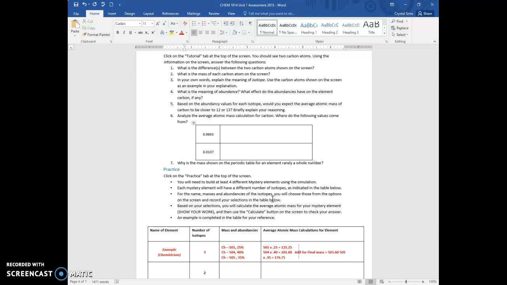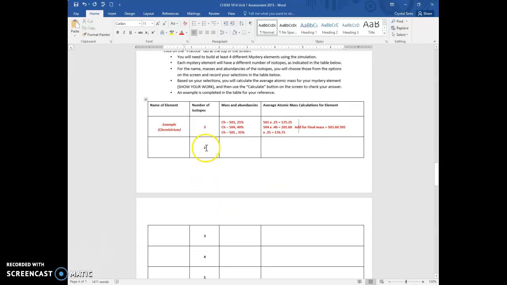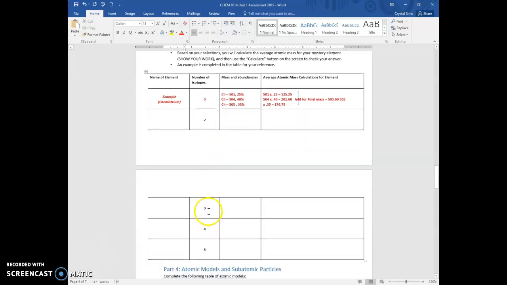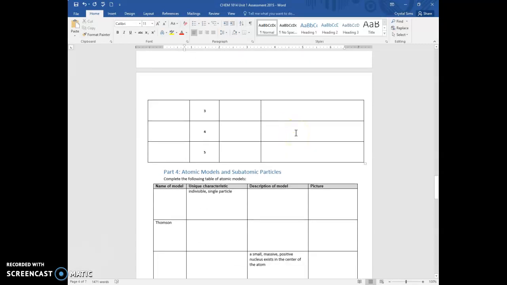And then you're given situations where you need to create 2 isotopes, 3 isotopes, 4 isotopes, and 5 isotopes, give their mass and abundances, and then the average atomic mass calculations. And so I've given you an example here of chemistrium. Just make sure you show me your work because I give partial credit for that.